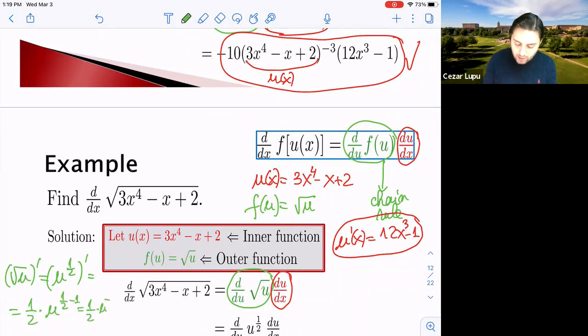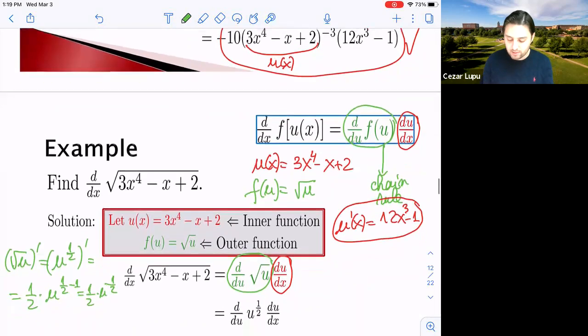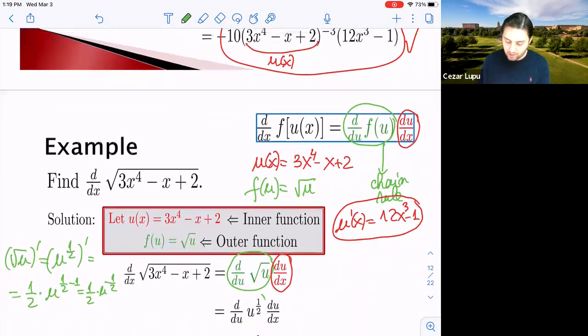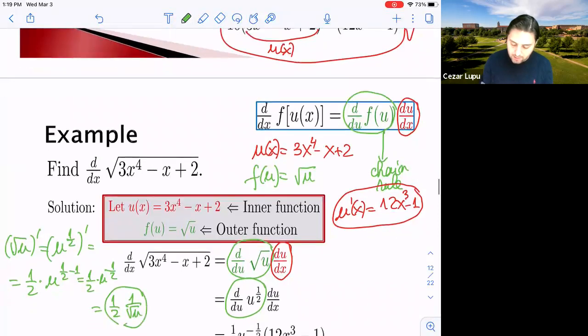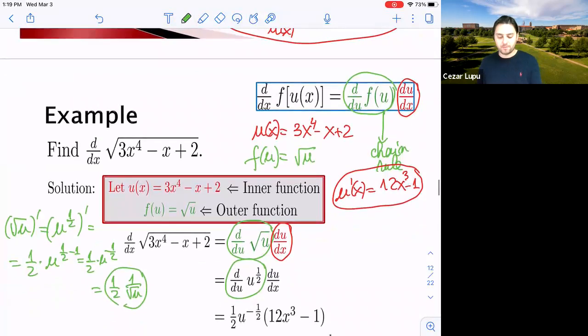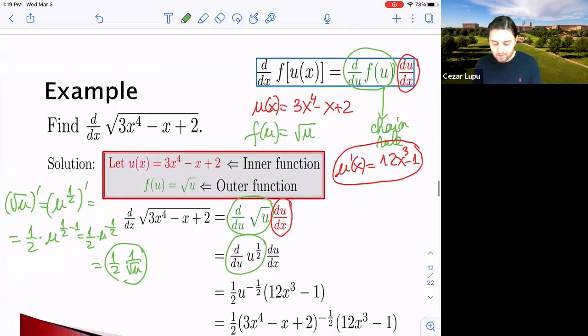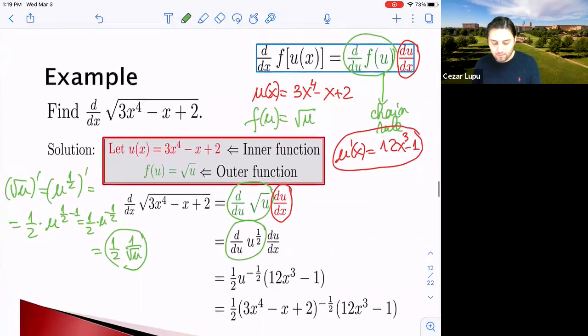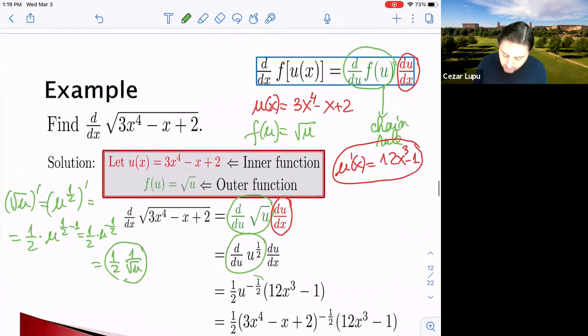Or 1/2 times u to the negative 1/2, which if you want to write this in terms of radicals, as you can see here, would be 1 over square root of u. It's the same thing.